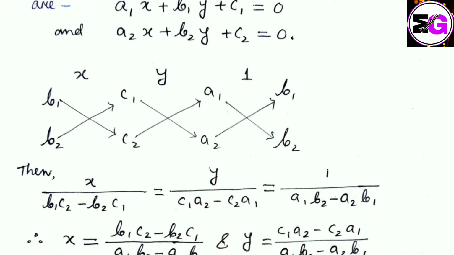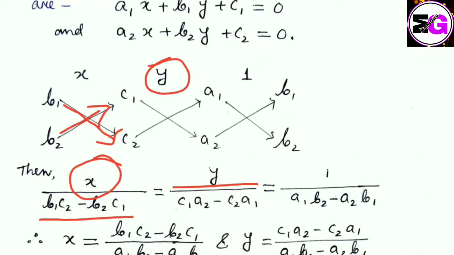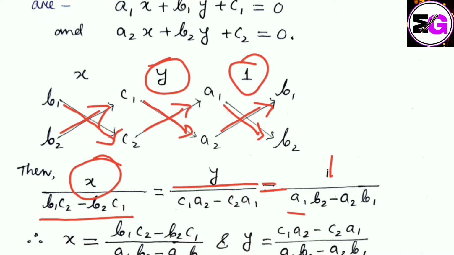So now x divided by b1 c2 minus b2 c1, that is equal to y divided by c1 a2 minus c2 a1, that is equal to 1 divided by a1 b2 minus a2 b1.